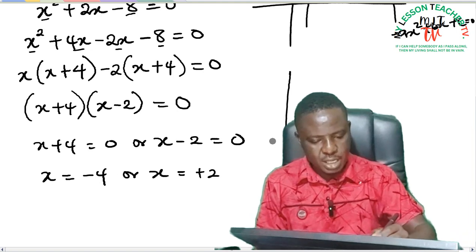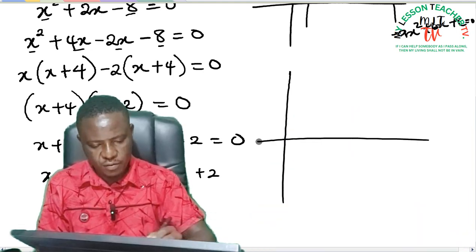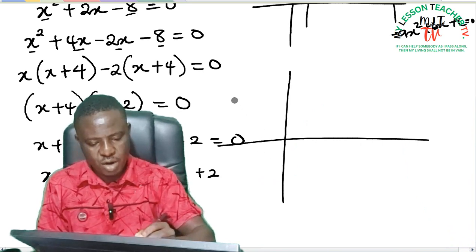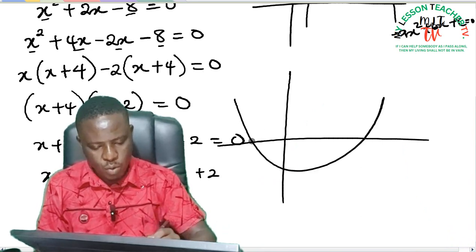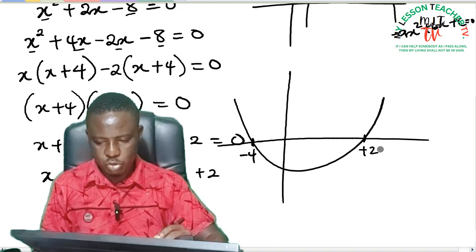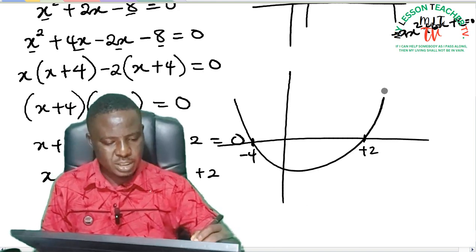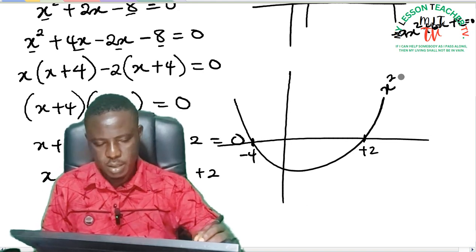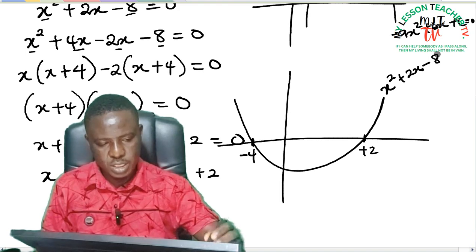So if this is a graph, we have our graph in this form, where this point is minus 4, and this point is plus 2. My diagram is not drawn to scale. So this is the graph of x squared plus 2x minus 8.